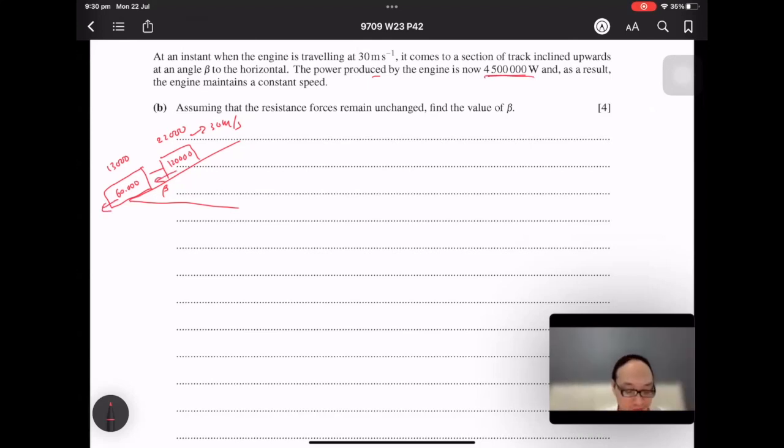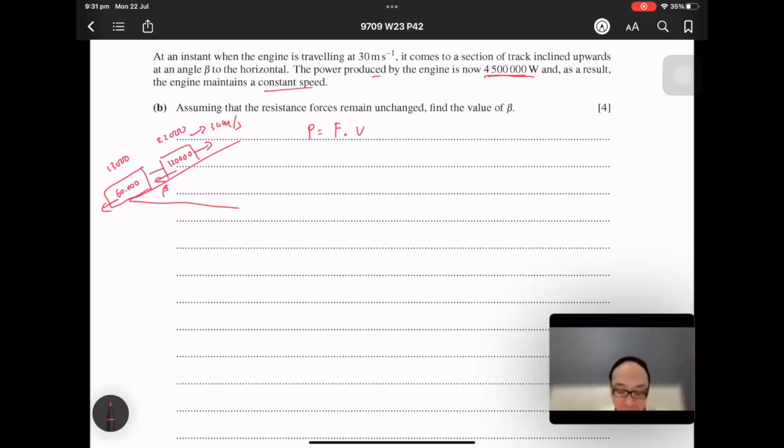So we know that power equals force times velocity. Since the velocity is constant, we can find the driving force that pulls these two objects, the engine and the coach, up at constant speed.